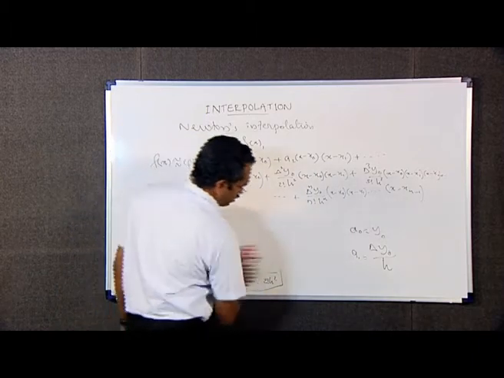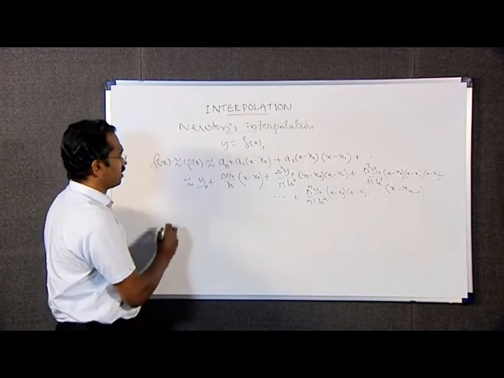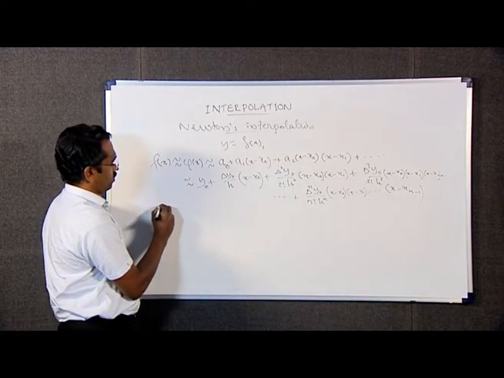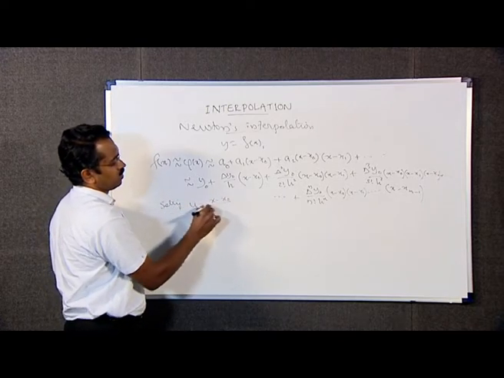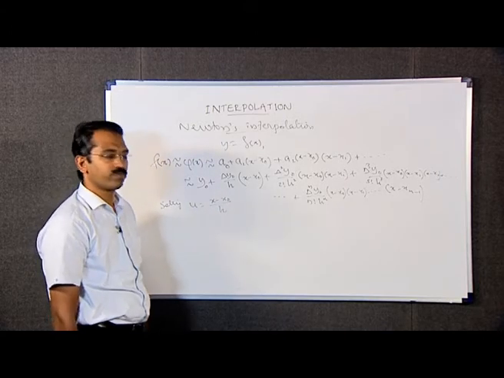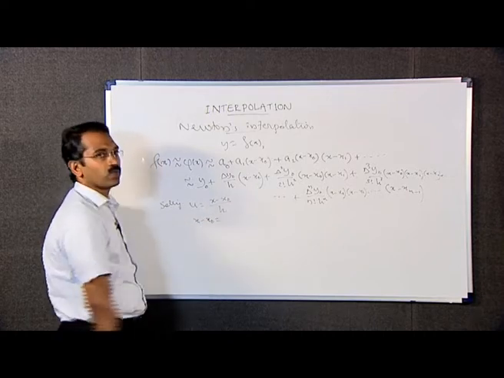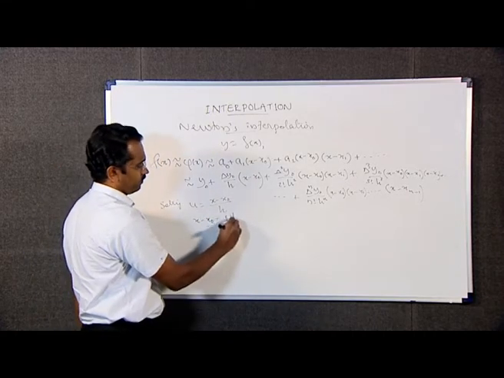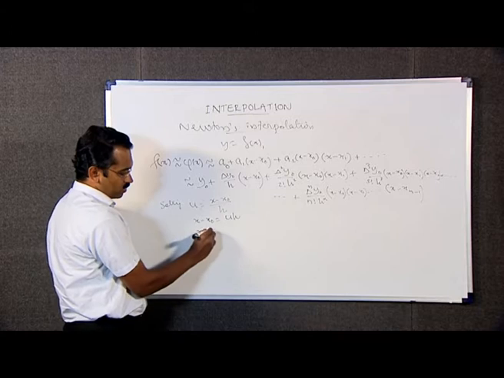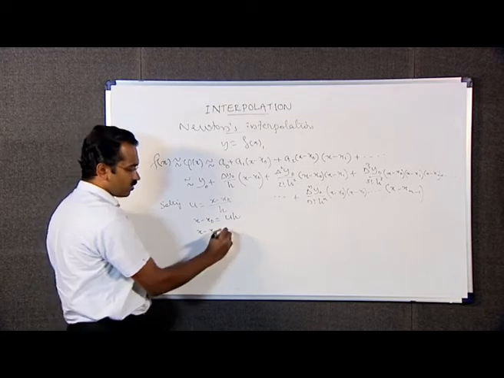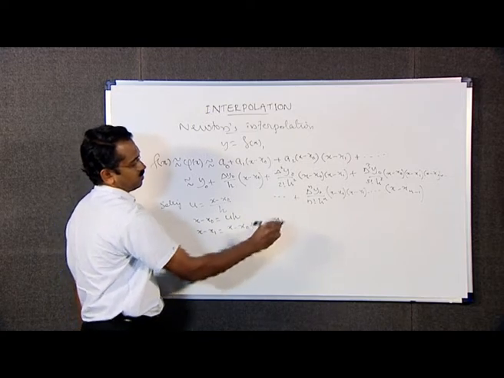Now, if we write u is equal to x minus x naught divided by h, setting u is equal to x minus x naught divided by h, which gives x minus x naught is equal to u into h. Now, x minus x 1 can be written as x minus x naught plus x naught minus x 1.